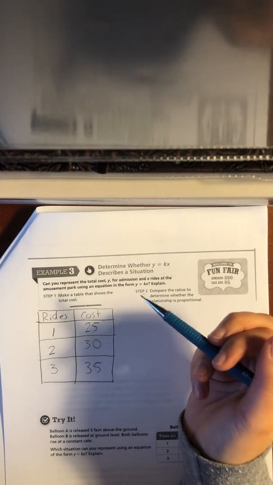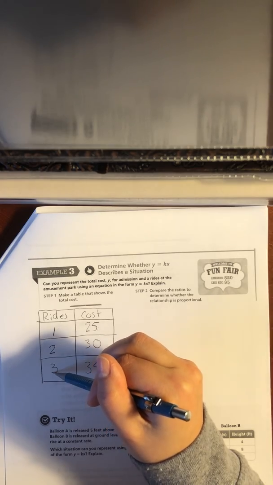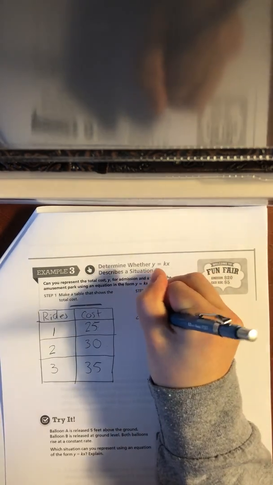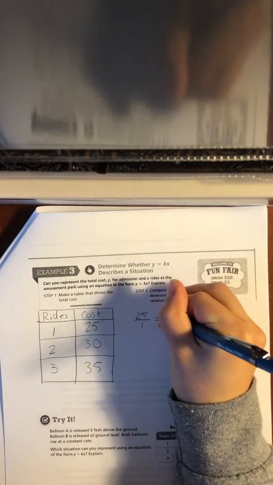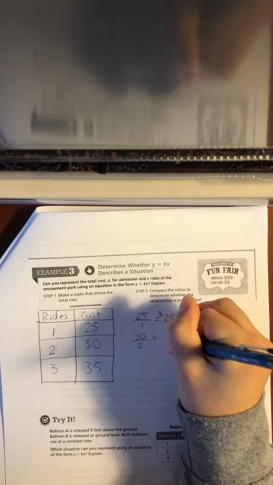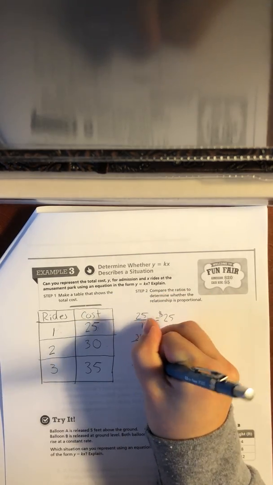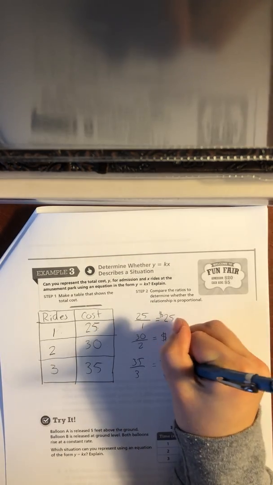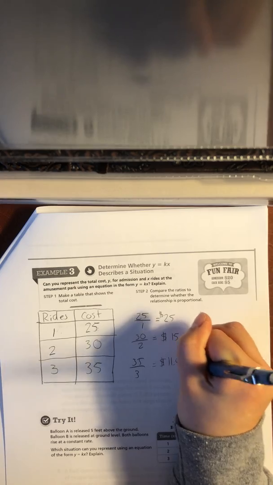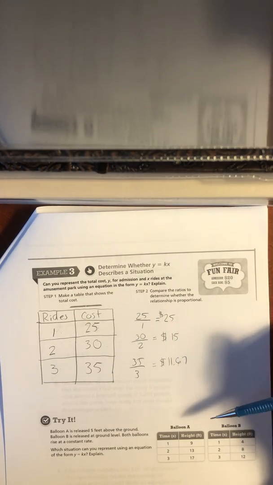Okay, now we're going to divide out these ratios and see if it's a proportional relationship. So 25 over 1, 25 divided by 1 is $25. 30 divided by 2 is $15. 35 divided by 3 is $11.67. So if you look at these numbers, they are not the same.